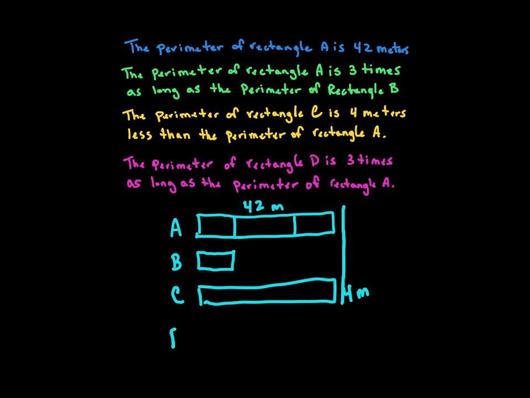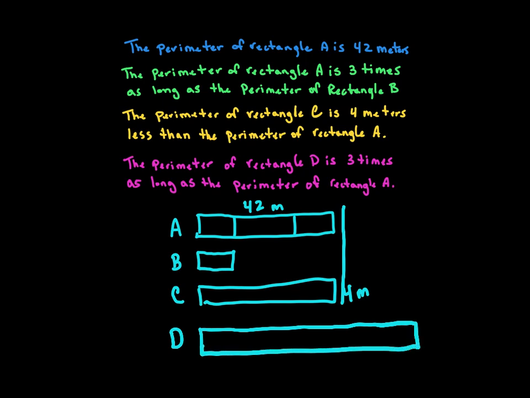Now we have rectangle D. Rectangle D is 3 times as long as the perimeter of rectangle A. Wow, so D is going to be bigger than A because it's 3 times as long. So theirs is going to be a bigger amount.